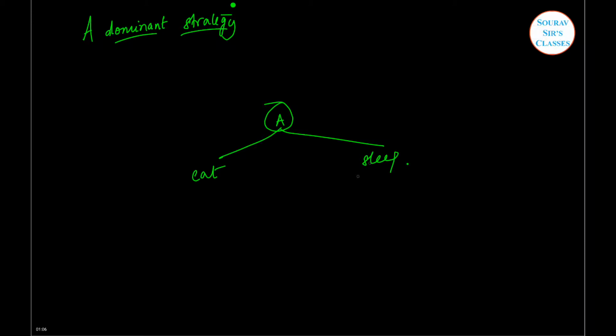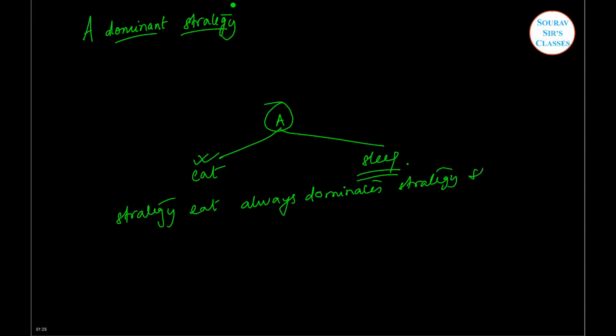Now over sleep, if he always prefers eat, then strategy eat always dominates strategy sleep, and hence eat becomes the dominant strategy and sleep is the dominated strategy. Okay, so eat becomes the dominant strategy.